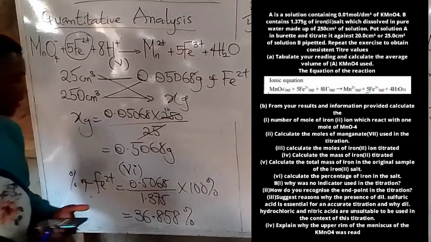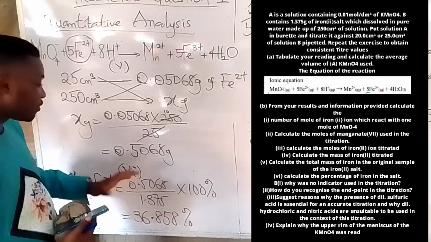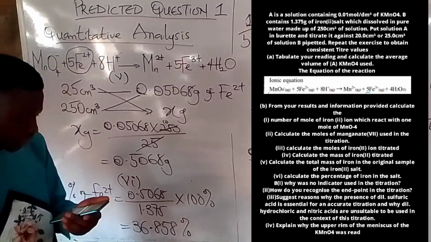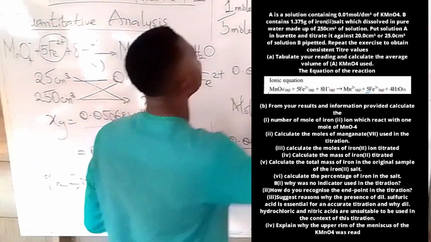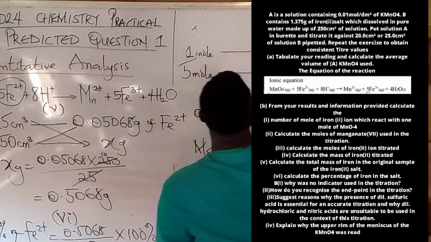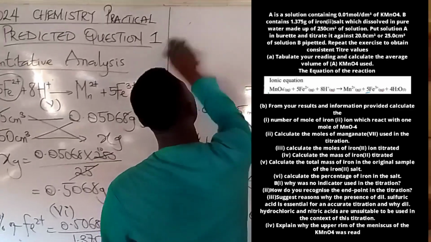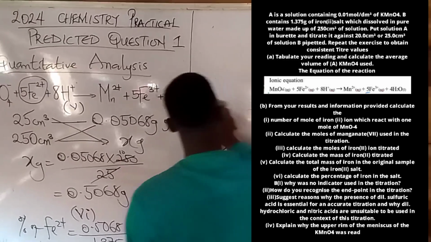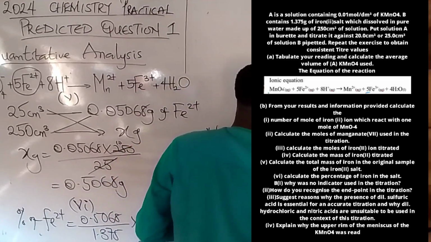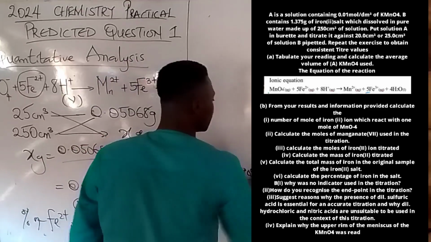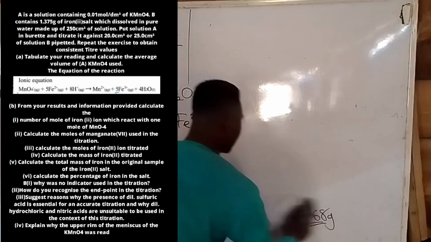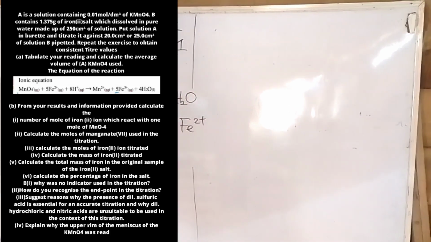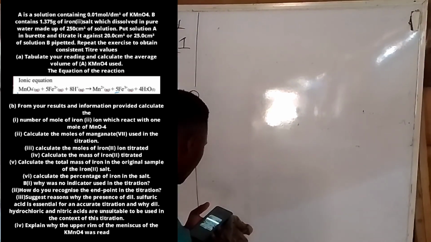I hope you are getting that. This question might definitely come exactly like this. So let me quickly go straight to the next part of the theoretical question that I predicted might come. Now take note, these are predicted questions and not the real questions. I repeat, they are predicted questions and not the real questions. Alright, let's move straight to the next part.